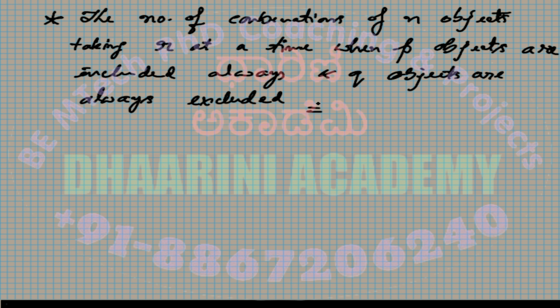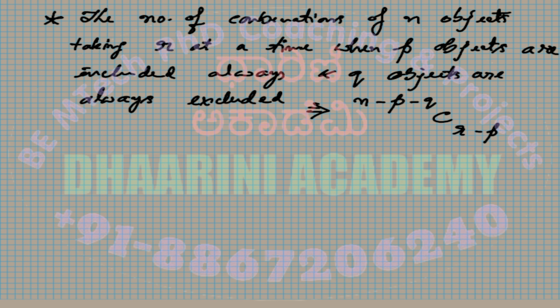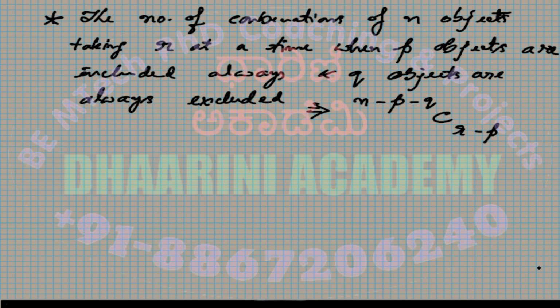If you want to calculate this, then this is equal to (n minus p minus q) C (r minus p). So these are the three points to be remembered to solve the restricted combinations.